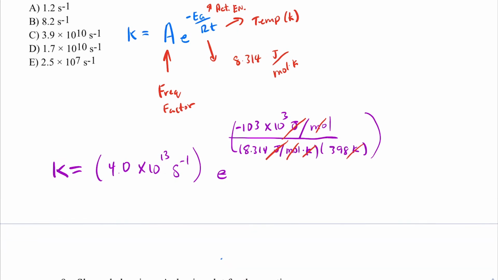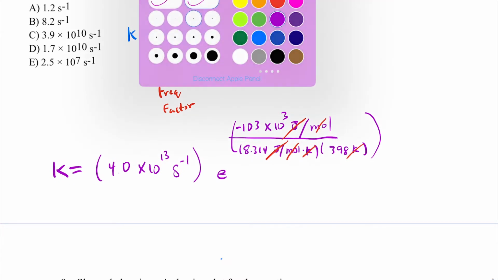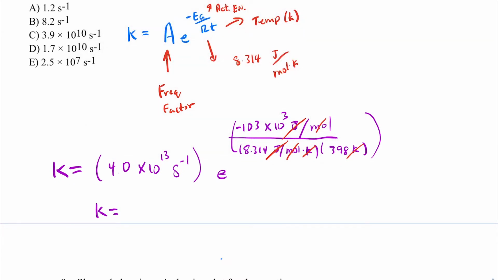Okay. So now we have to just solve for K. Given these numbers, this might take a second because this is a fairly large number. So let me plug that in.